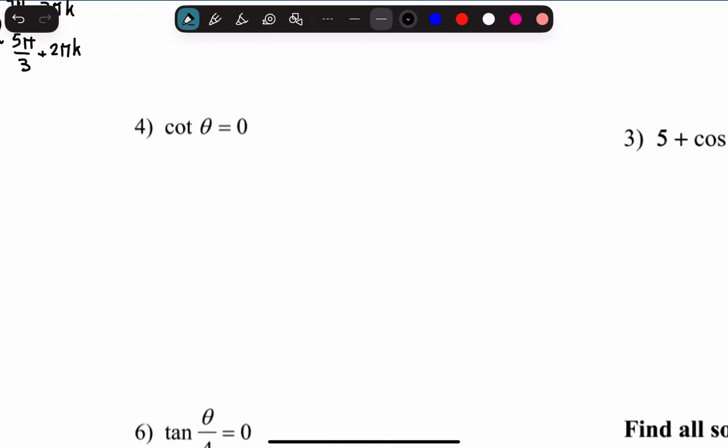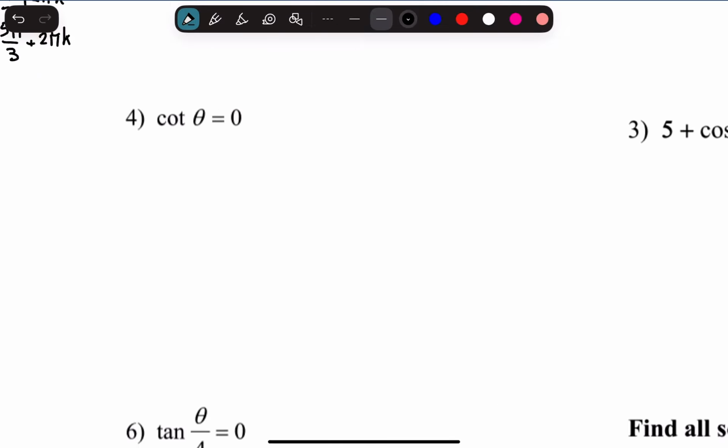And yeah, so now we have cosine theta over sine of theta is going to be equal to 0. We can set cosine of theta equal to 0, and we know that sine of theta can never equal 0, because then that would be undefined.